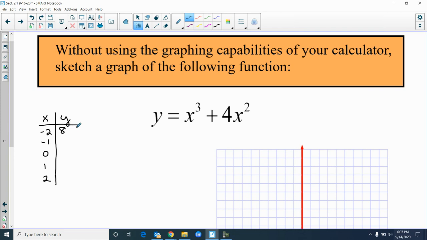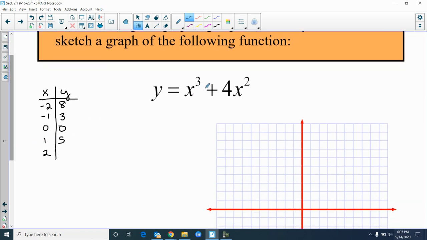So you get the point -2, 8. All right, if I plug in -1, that gives me -1, plus 4, it looks like it's 3. When you plug in 0, I get back 0. When I plug in 1, 1 cubed is 1, plus 4, is 5.